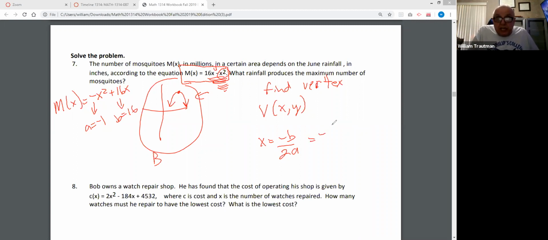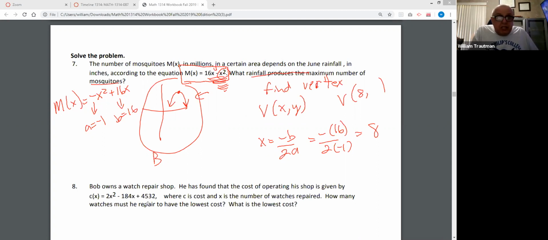So it's negative B divided by 2 times A, and B is 16 and A is -1. When you put that in your calculator, negative 16 divided by -2, you get 8. So our vertex has an 8. By the way, it says what rainfall produces the max number of mosquitoes.